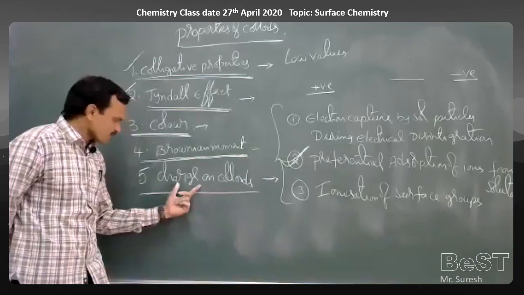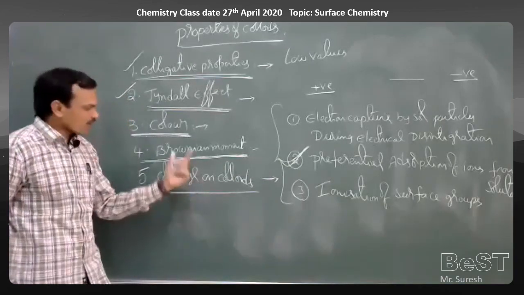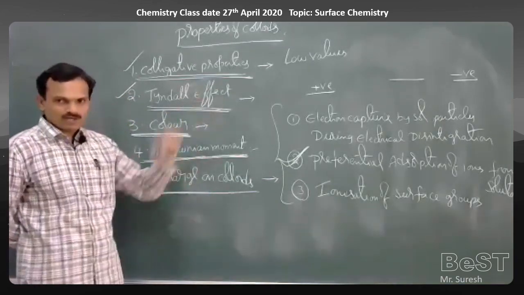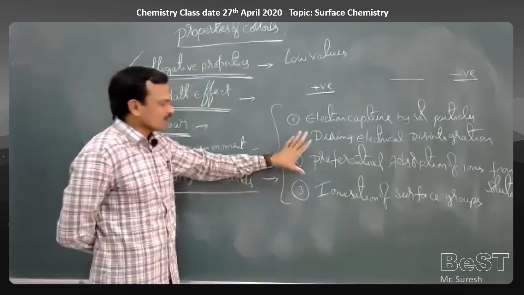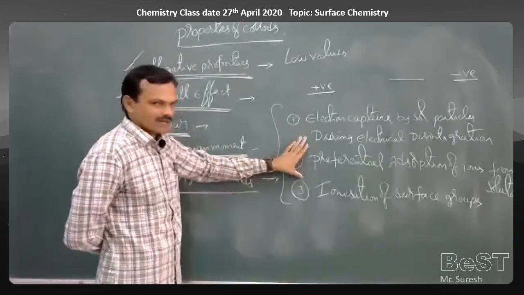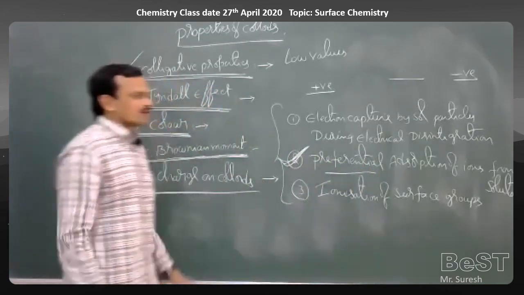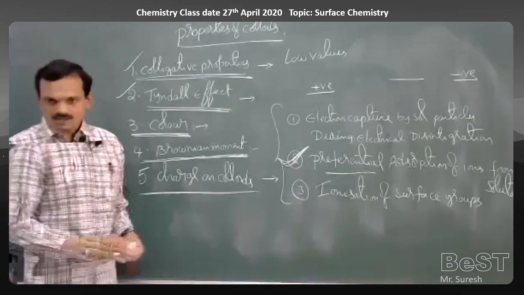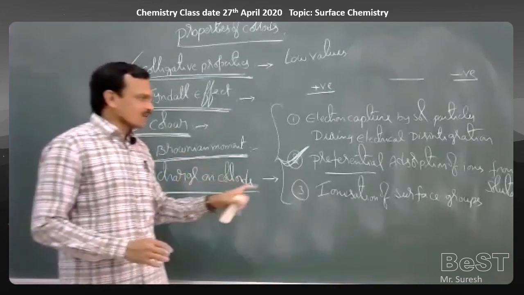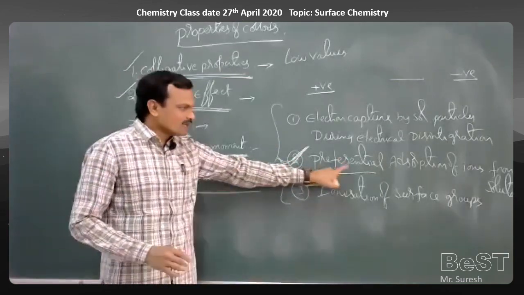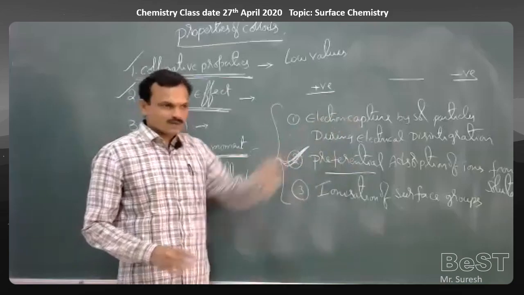And the fifth one is charge. The colloidal particles may be positively or negatively charged, which can be explained based on these three factors. Among these, the most preferred one is preferential adsorption of ions from solutions. How particles acquire charge based on this preferential adsorption, we'll discuss in the next class.